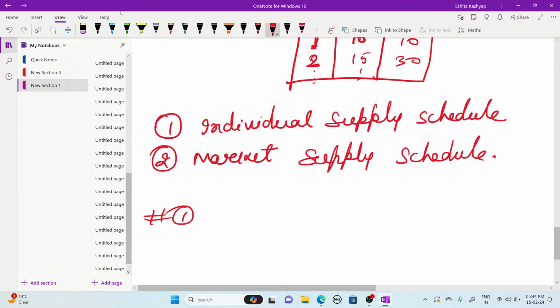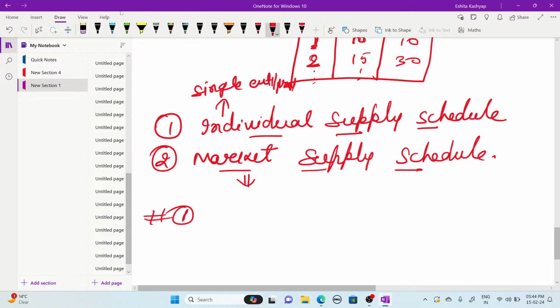So individual supply schedule refers to the supply schedule of an individual producer, a single entity. And for the market supply schedule, whenever we sum all the individuals, we get market supply.